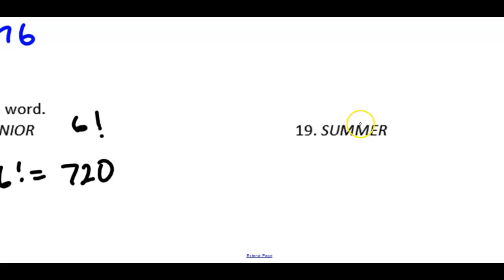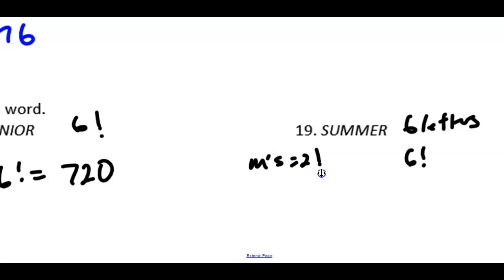Summer has 1, 2, 3, 4, 5, 6 letters, so that's 6 factorial. And what repeats? The M's. There's 2 of them, so that's 2 factorial. So 6 factorial divided by 2 factorial, and that's going to be 360 different ways.